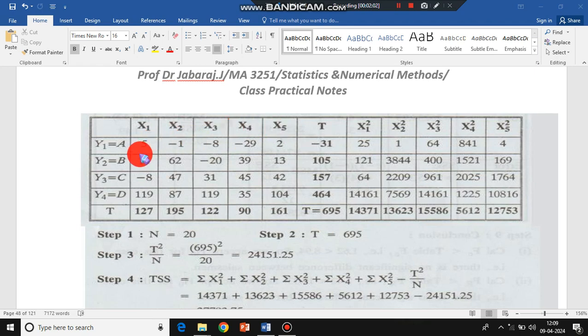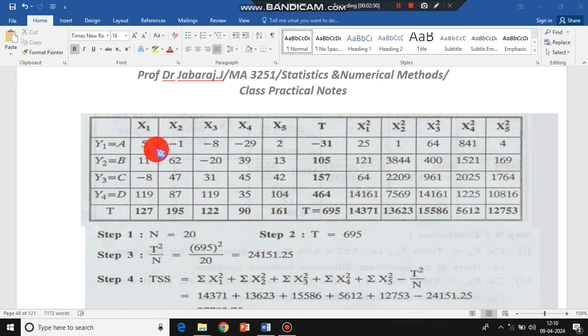Right, now the total we are finding out, and then we are squaring the x1 column and writing it here. Then x2 column, square it and write here, x3 column, square it and write here, x4 column, and similarly x5, x4 square, x5 square.